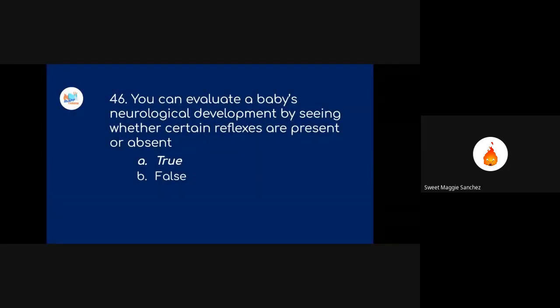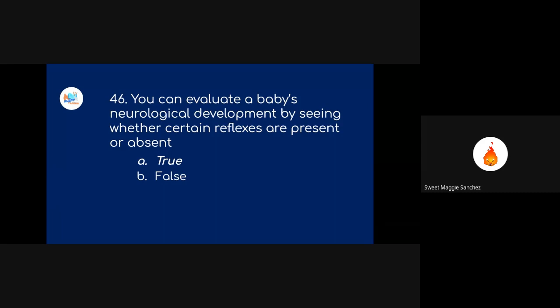You can evaluate a baby's neurological development by seeing whether certain reflexes are present or absent. So, yes, the answer is true. The baby is healthy if they have a normal response to danger.